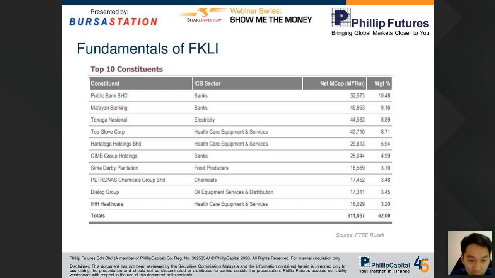You can clearly see here that most of the glove counters have a high weightage currently. The top one as of June is Public Bank, then Maybank, then the third one is Tenaga.